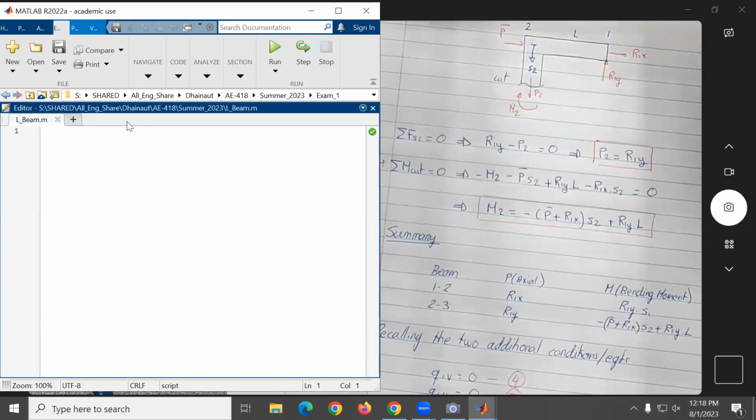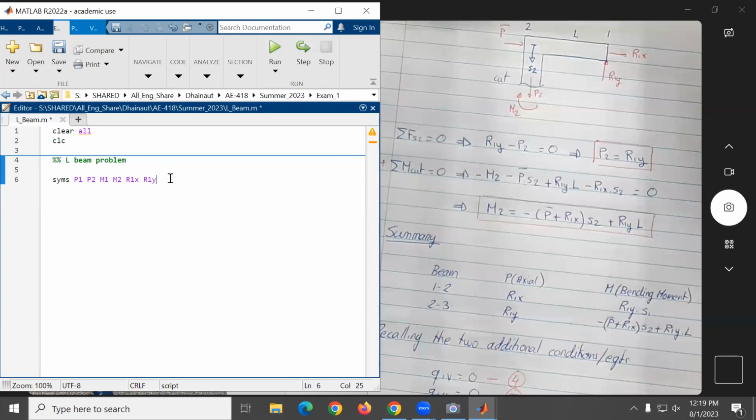All right. So basically, I always do the same thing. Clear all. CLC. Let's put here LBM problem. I might add some stuff at the front, but for now, let's say P1. We're going to have a bunch of symbolics here: symbolics P1, P2, M1, M2, R1X, R1Y, and I'll put S1.